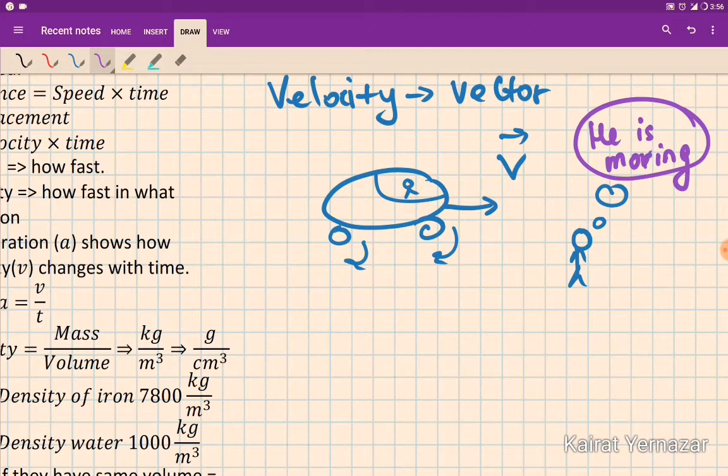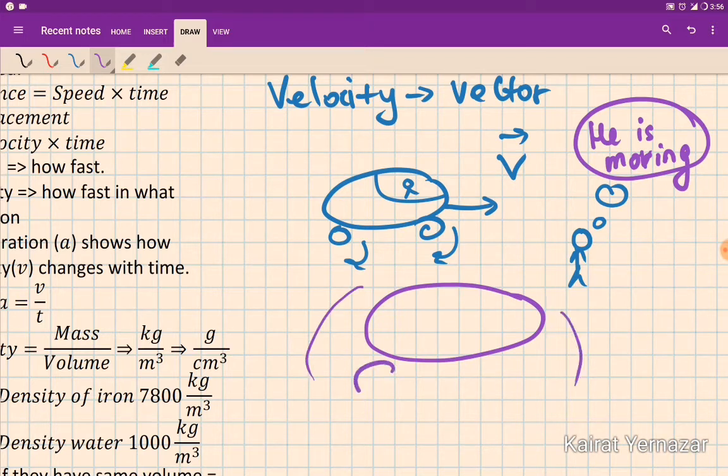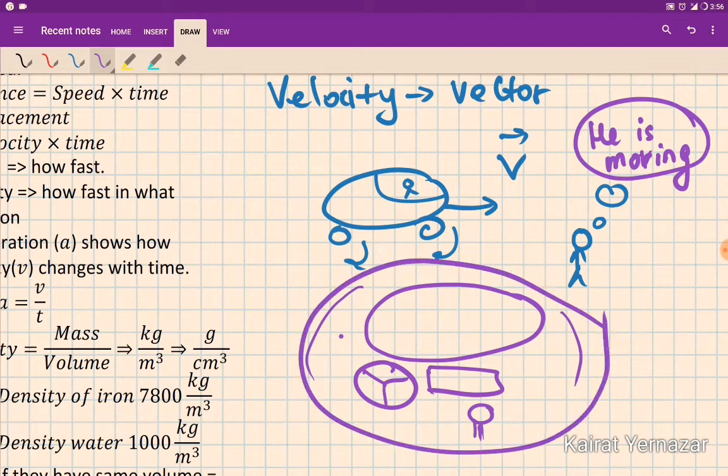But the person inside the car can see the car surrounding himself. You can only see the road, but inside the car, there's a steering wheel, a gear shift, a player, and he can see all of these things. All of it is not moving. You get it?